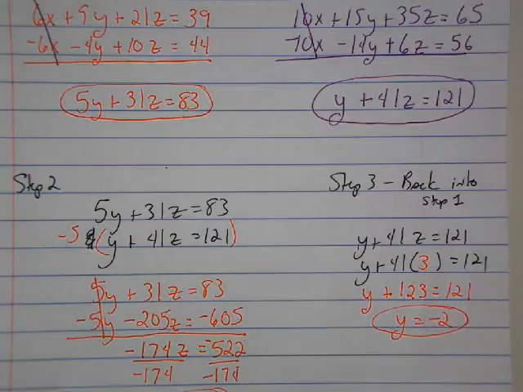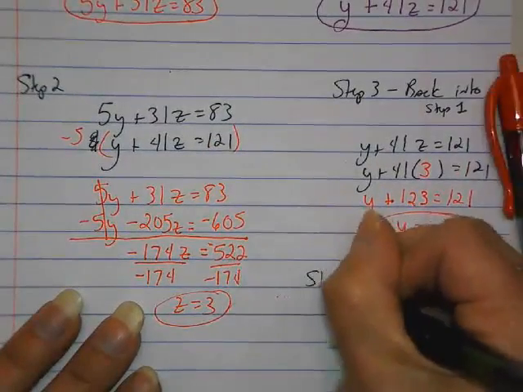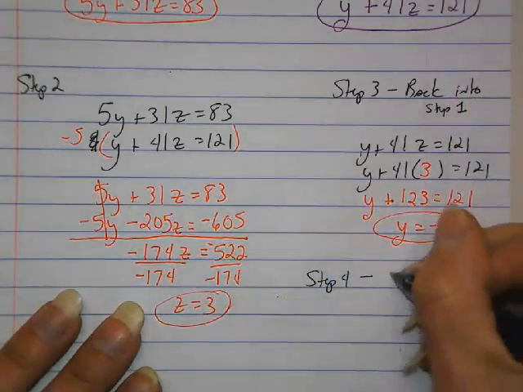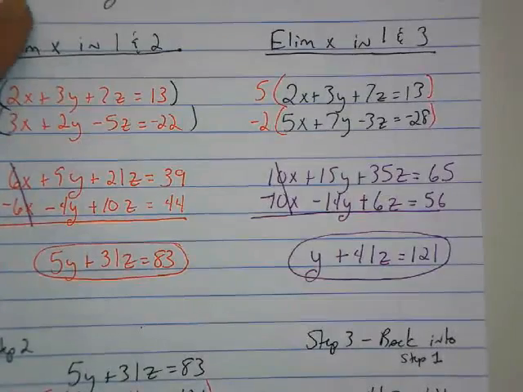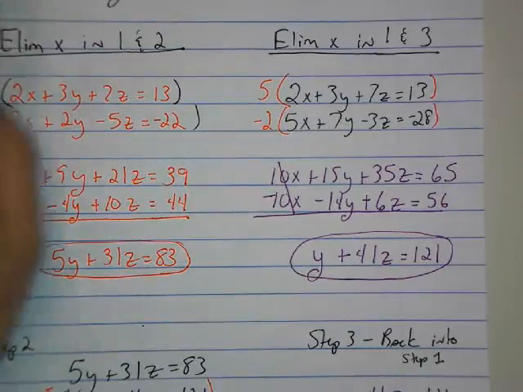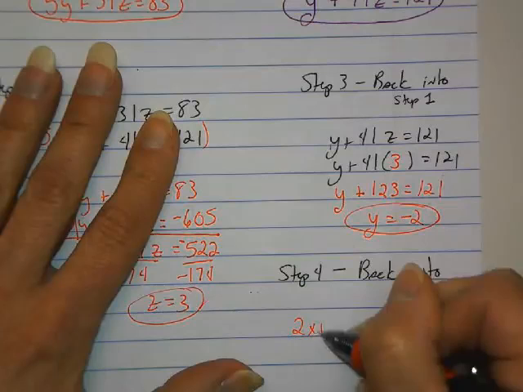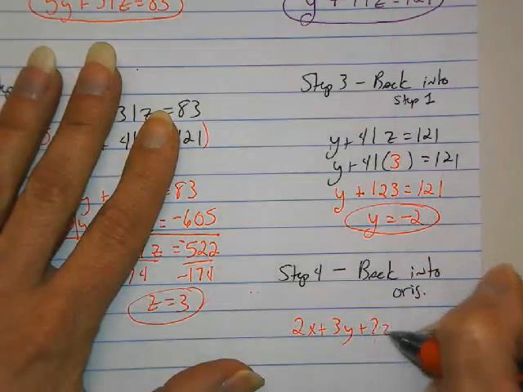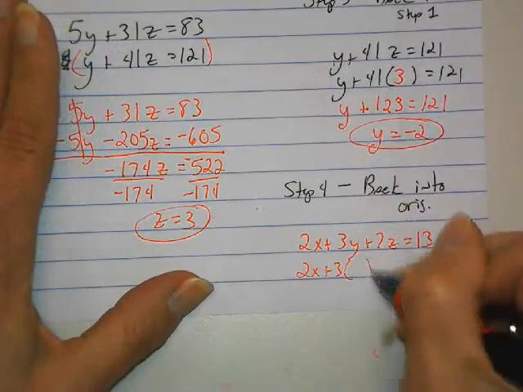Life is good. Finally, go all the way back up to the top and back solve into the original. Pick an equation that looks good to you. Eeny, meeny, miny, mo. I'm going to roll with the top one, because it's got no negatives. So I get 2x plus 3y plus 7z equals 13. I don't know x, but I do know y, and I do know z.